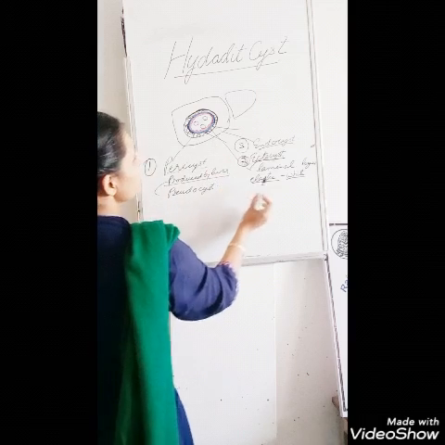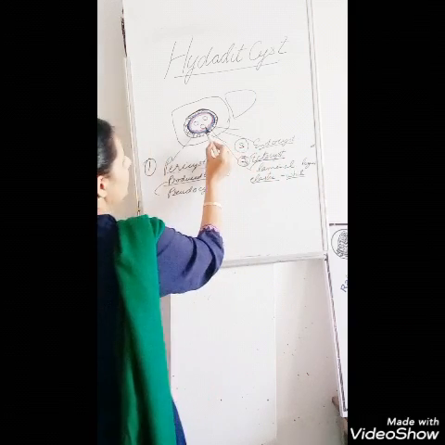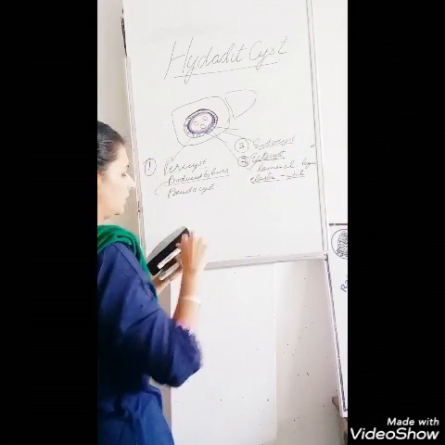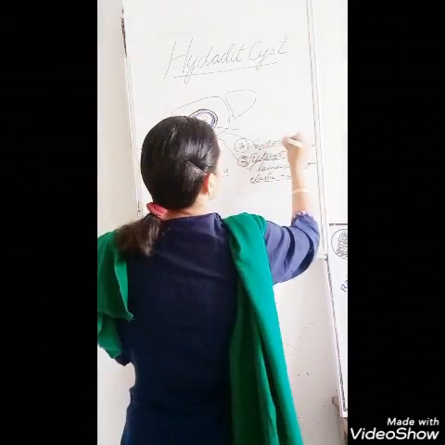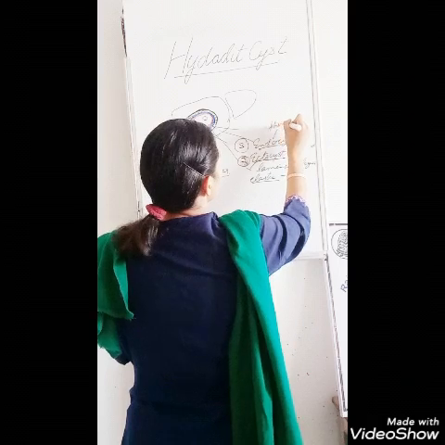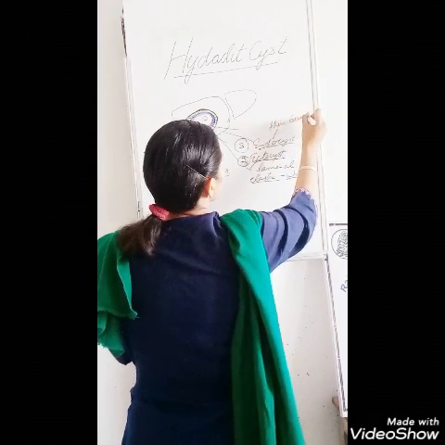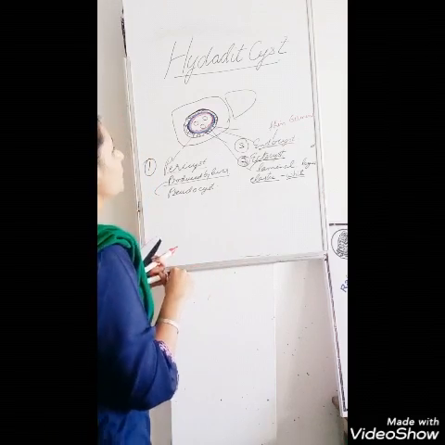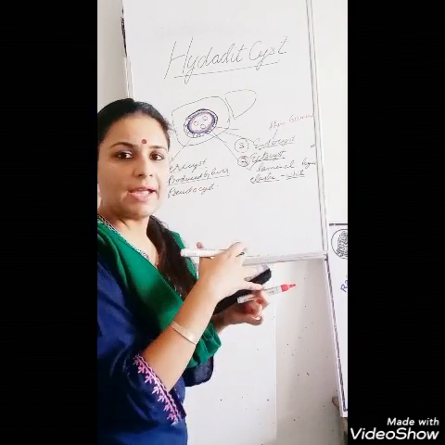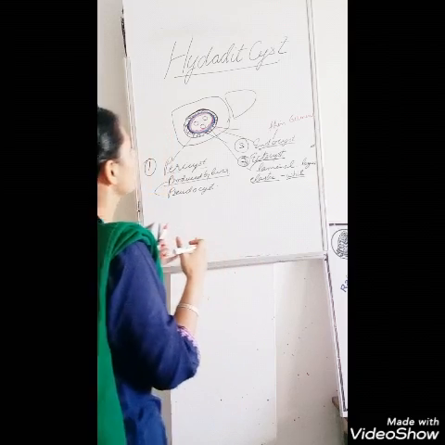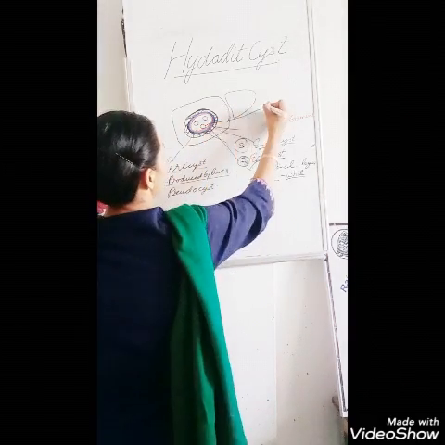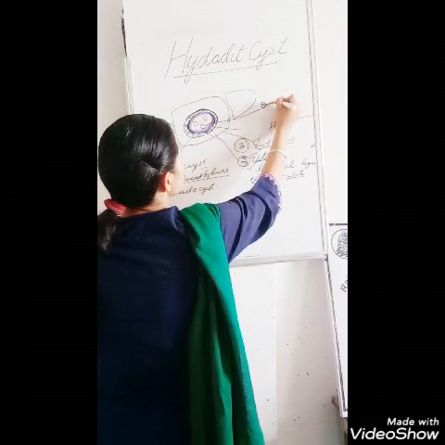Inside this, blue is ectocyst, and inside this, red is endocyst, a very thin germinal layer. Now this germinal layer will invaginate inside and will produce brood capsules.